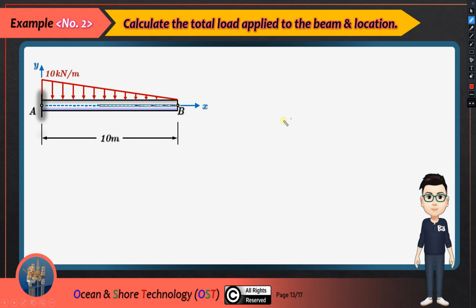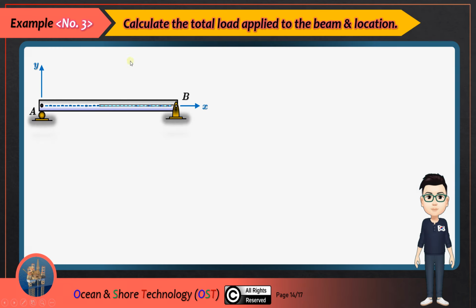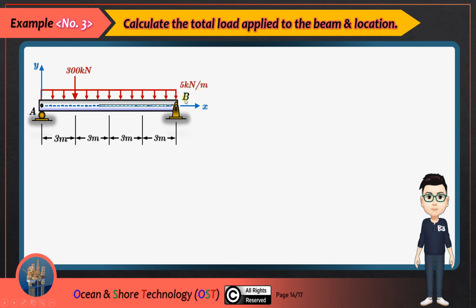So moving on to example number 3, the applied load is a concentrated load of 300 kilonewton, as well as a distributed load of 5 kilonewton per meter. In this case, how to get the total load?